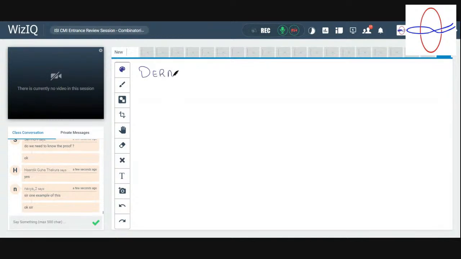And this is derangements. And you don't really need to know a very general form of derangements, just this special case that I'm going to tell you is all you need to know.